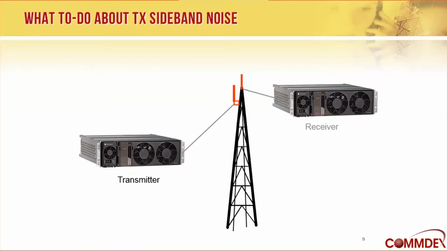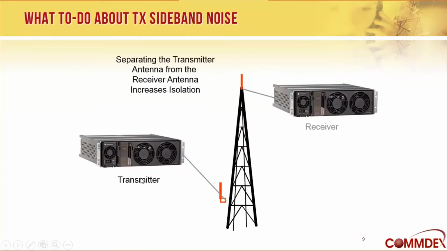So what can you do quickly and easily? You can move the transmitter antenna away from the receiver antenna. Now, which one goes on top and which one goes on the bottom? It really doesn't matter as long as they're physically separated. And this is an inexpensive way to provide a lot of isolation without having to buy any new hardware.